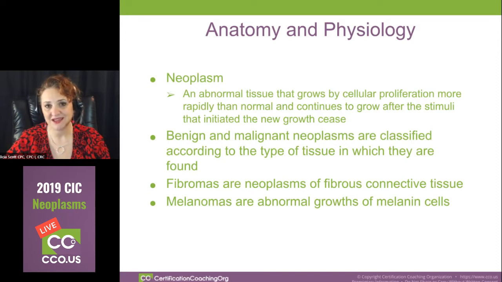Whenever you have anything abnormal in that timeline, then it can turn into a neoplasm. Different things can cause that. That's why we know the carcinogen of smoking promotes lung cancer, because it's an irritant.